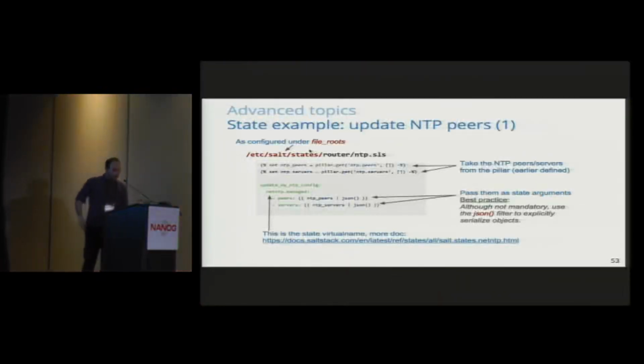Then you need to go under the states directory and add the descriptor. This is in the state SLS descriptor. It simply says, take this entity, ntp.peers from the pillar, and ntp.servers again from the pillar, and send them as parameters for this state, net.ntp.